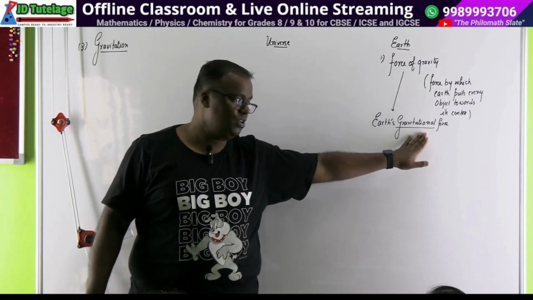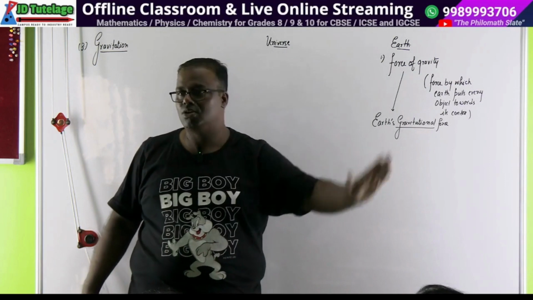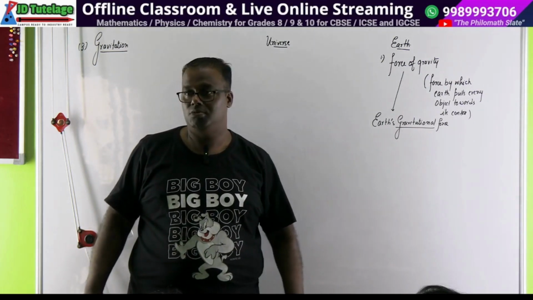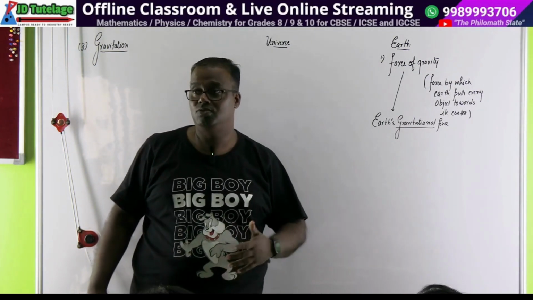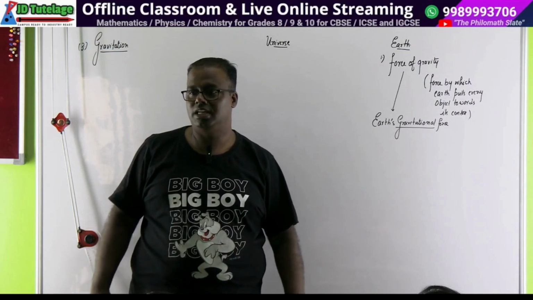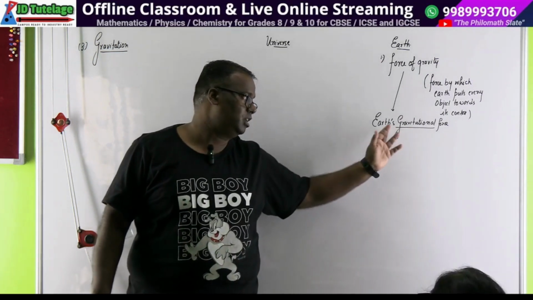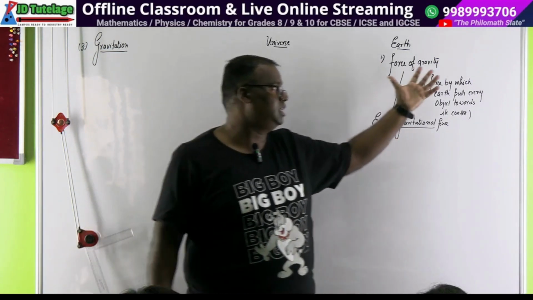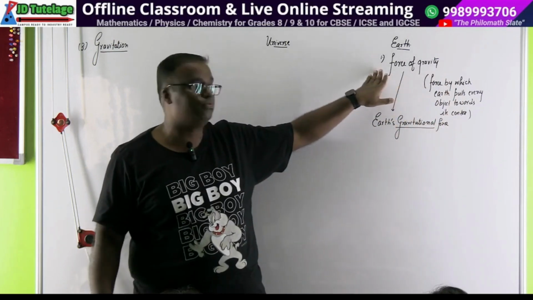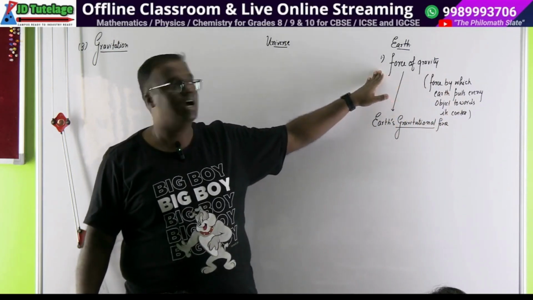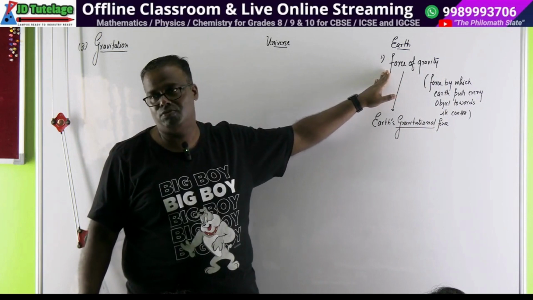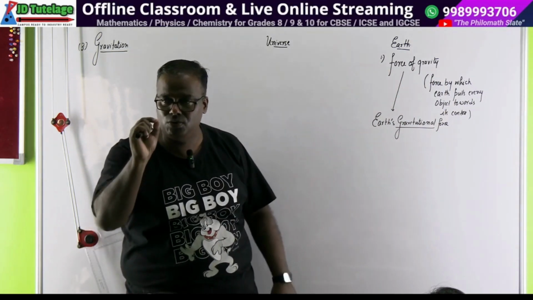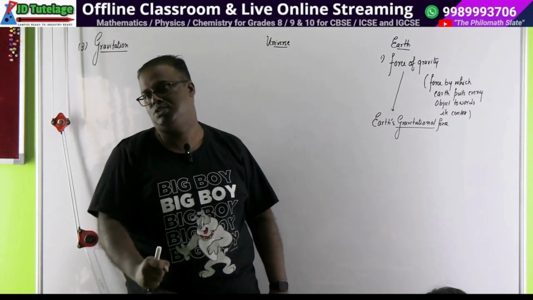This gravitational force is a universal concept. It is not only in the world, it is in the entire universe, the entire creation. I'm talking in terms of earth. So when earth pulls anything towards itself, we will call it the force of gravity. Here, even without saying earth it works. Force of gravity means the typical force by which earth is pulling an object towards itself.